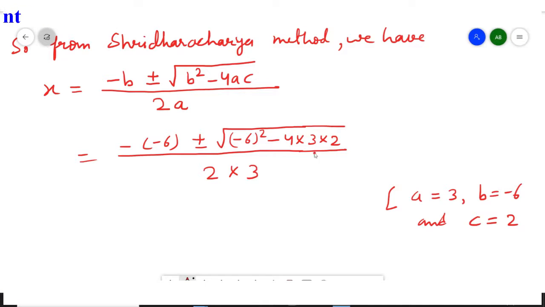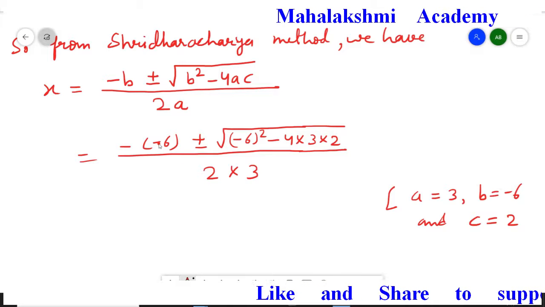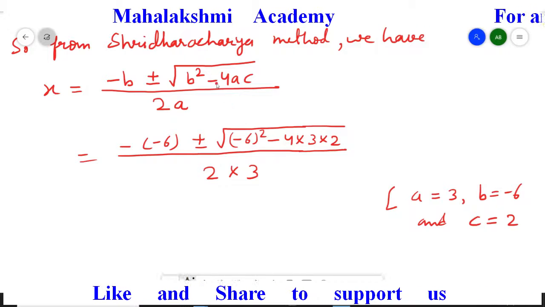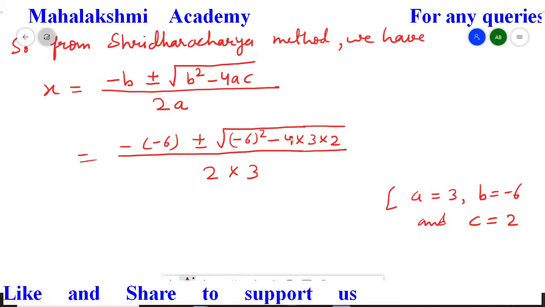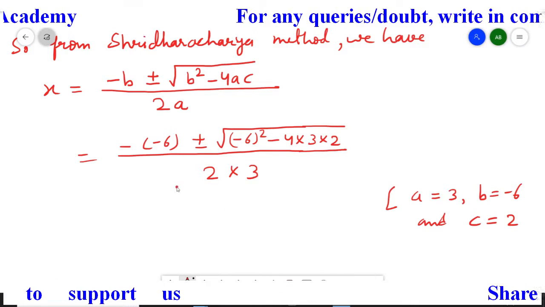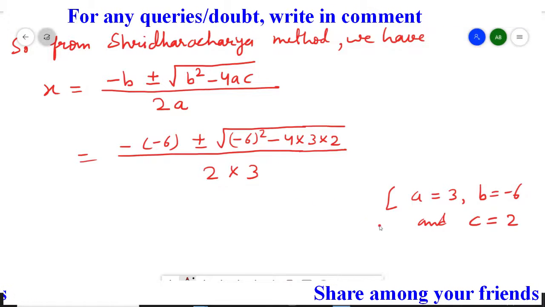Now students, what I have done here: this minus sign I wrote as it is, and b is itself minus 6, so twice the minus symbol came. I hope it's clear to you that the plus minus sign stays as it is. B square means (minus 6) square, then minus 4ac, so minus 4 multiplied by a is 3 and c is 2, and in the denominator you have 2a, so 2 multiplied by 3.